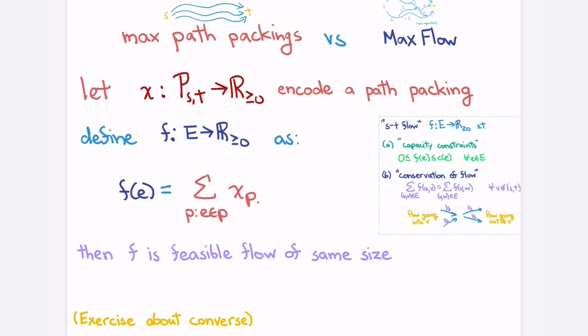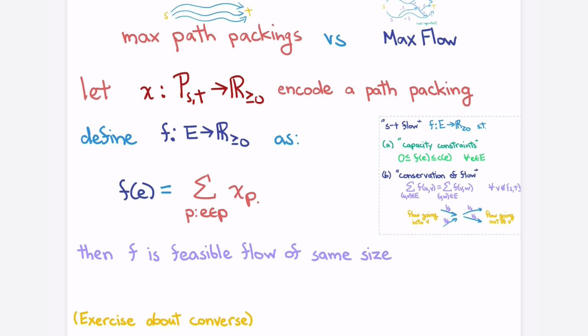Okay? And what's nice is, first, for capacity constraints, the number of paths you're taking is at most the capacity of the edge, so your flow will also have this property. And then maybe the cuter one is conservation of flow. A path going from S to T, every time it goes into an intermediate vertex, it comes out of that intermediate vertex.